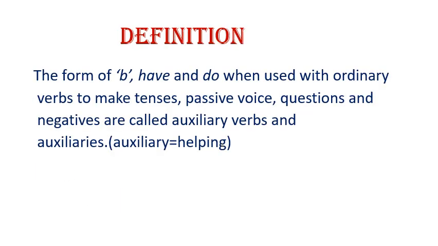Now, let us check the definition of auxiliary verb. The forms of be, have, and do when used with ordinary verbs to make tenses, passive voice, questions, and negatives are called auxiliary verbs.